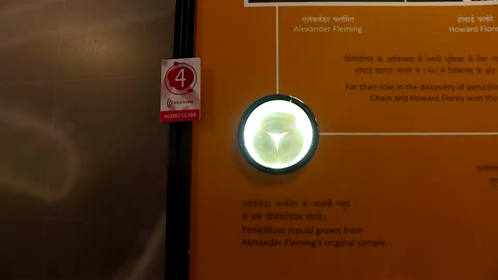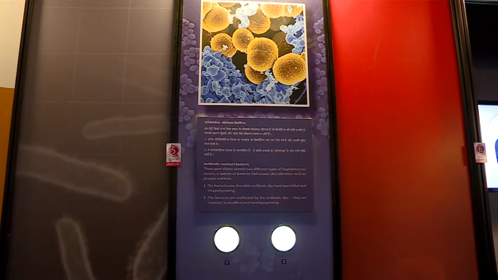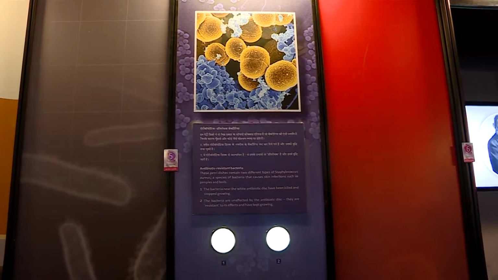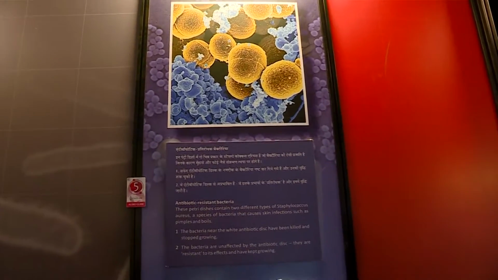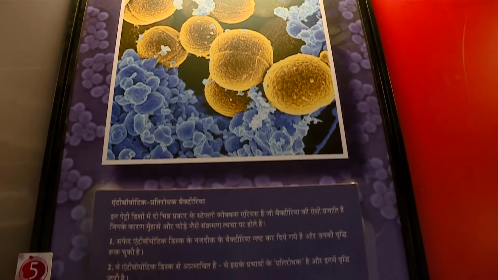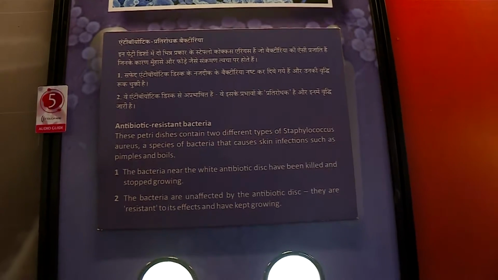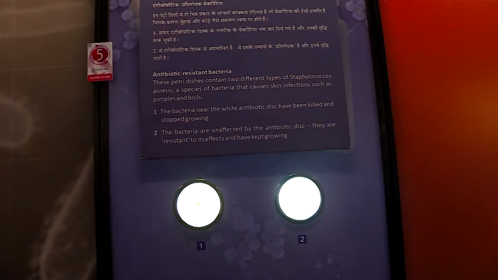In the next exhibit, we have an example of the bacteria Staphylococcus aureus. We have two petri dishes placed in the exhibition, and these Staphylococcus aureus have been killed, and we have two circular plates which are nothing but antibiotic discs.